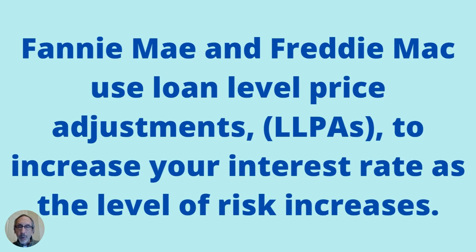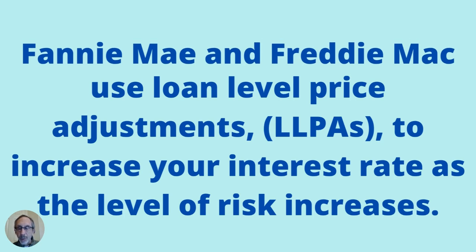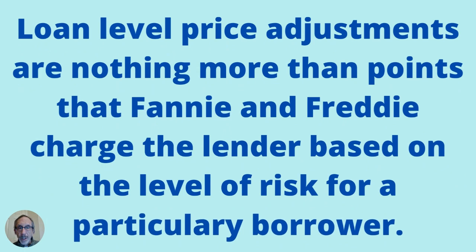VA, FHA, and rural development do not have loan level pricing adjustments. So Fannie Mae and Freddie Mac use what's called loan level pricing adjustments to increase your interest rate as the level of risk increases. Loan level price adjustments are nothing more than points that Fannie and Freddie charge the lender based on the level of risk for a particular borrower.